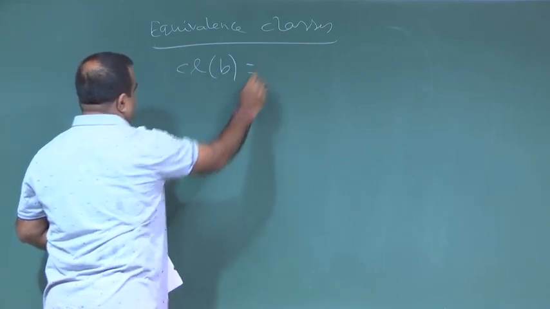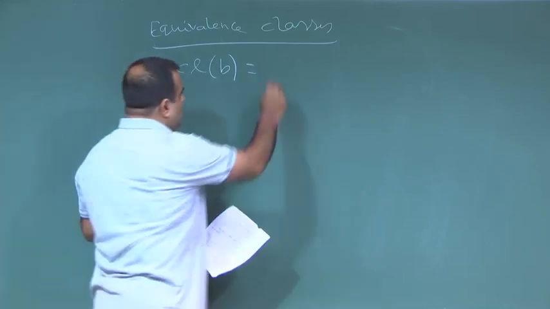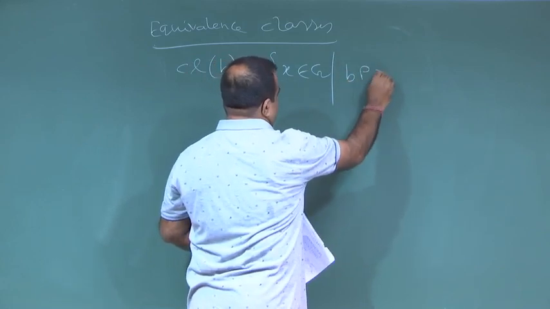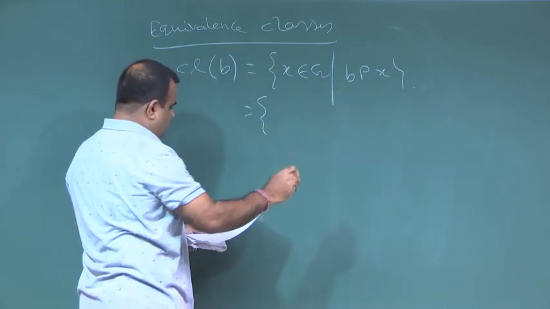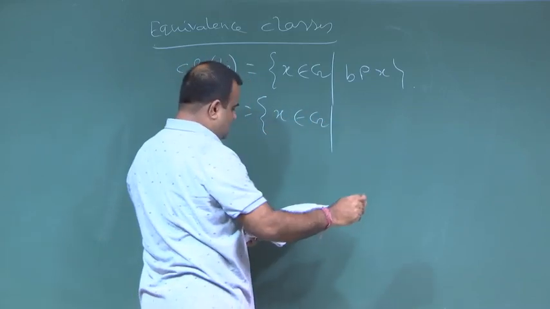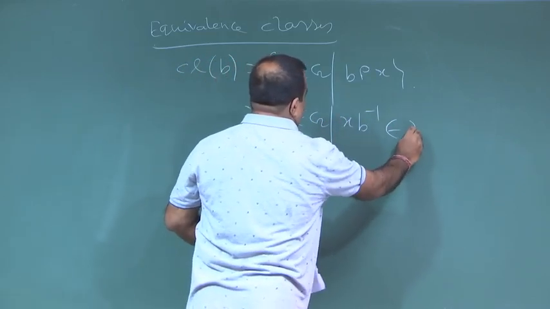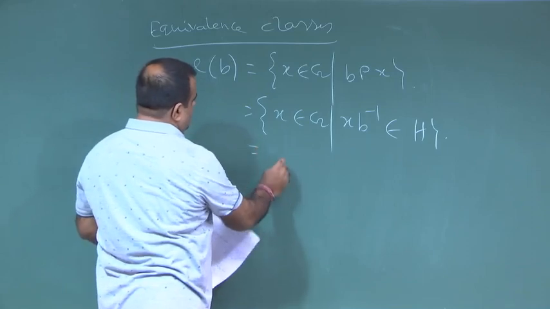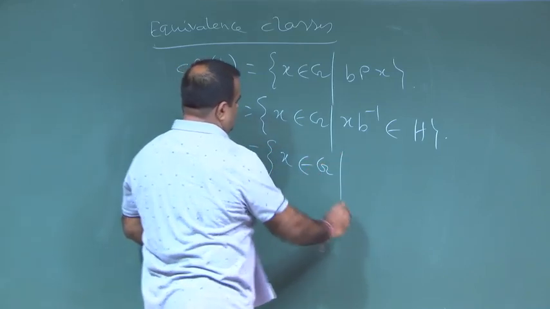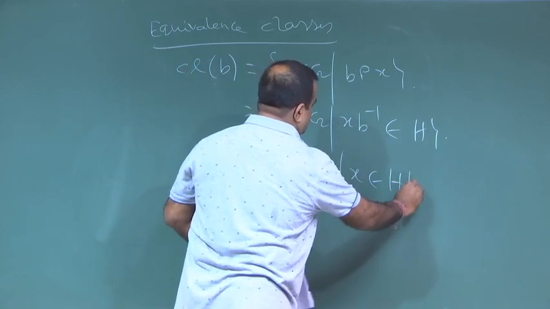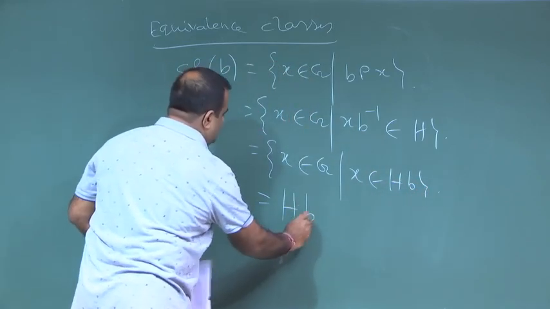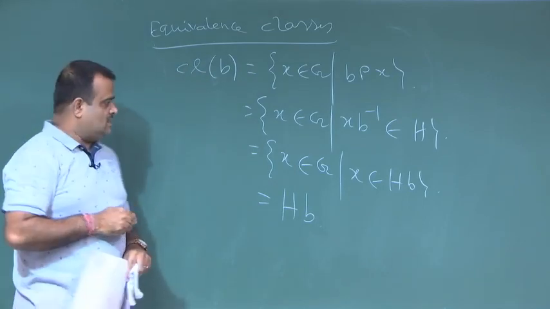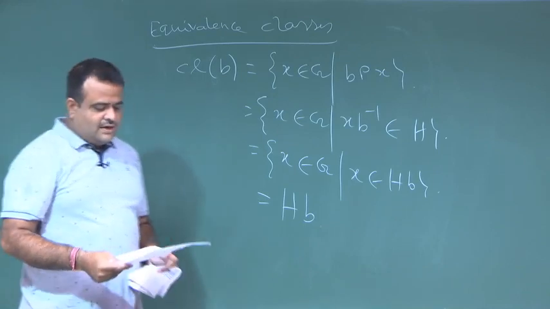So, the class of B is basically nothing but H of B. That means it is the set of all elements X such that they are related with this, that means X such that B X inverse or X B inverse must belong to H. Now, this is nothing but the set of all X such that X belongs to H B. So, if you take an element, that will form an equivalence class, and this will give us a disjoint class.